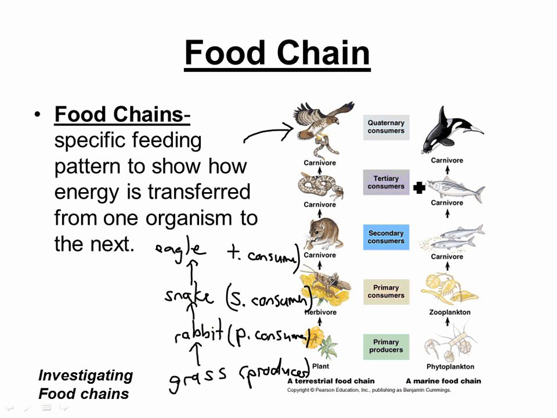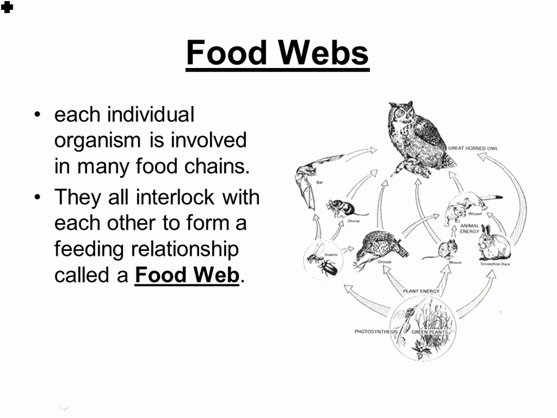Now, I've seen other teachers stop there and do a little investigation on food chains, but I don't want to drag this out. In reality, rabbits don't just eat grass. So it's more complex. In reality, we have what would be called a food web, all right?